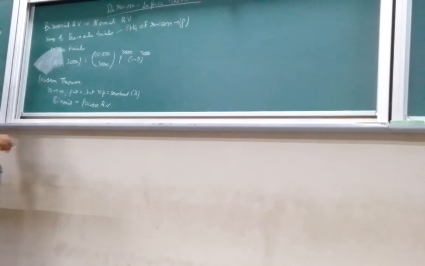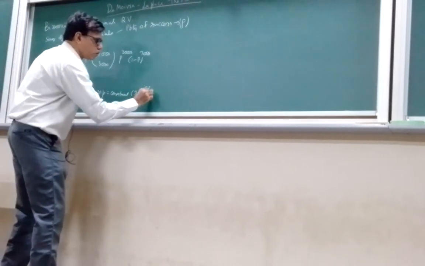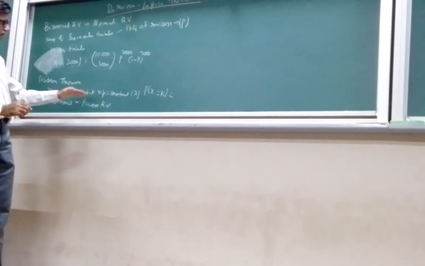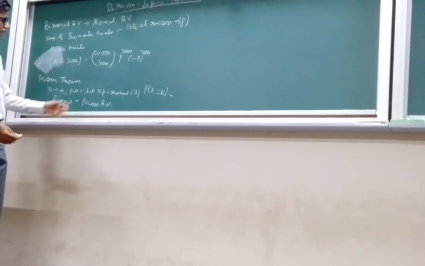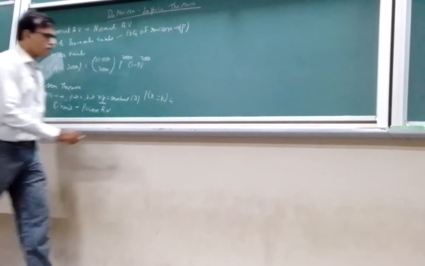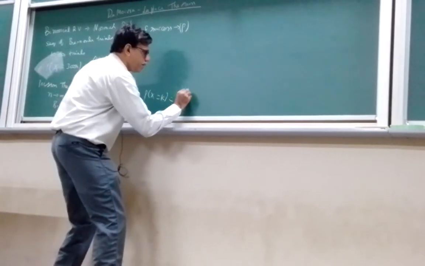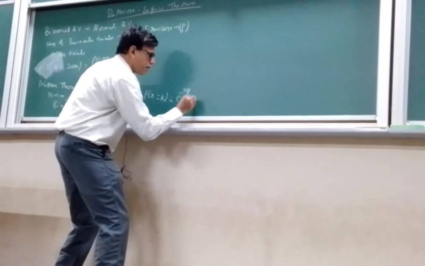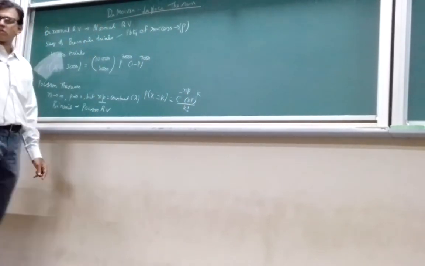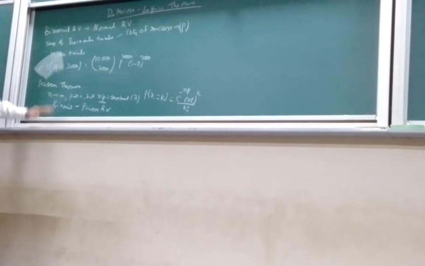That is, the probability that X equals k for a binomial can be evaluated using a Poisson one, where np is the Poisson parameter: e to the power minus np, times (np) to the power k, by k factorial. This is a very good approximation.